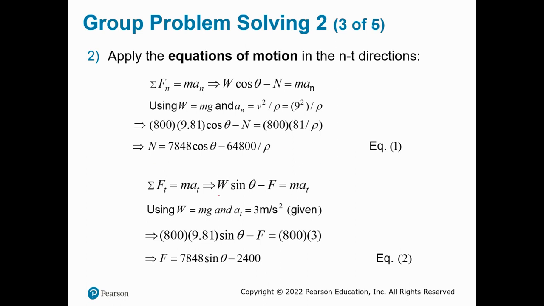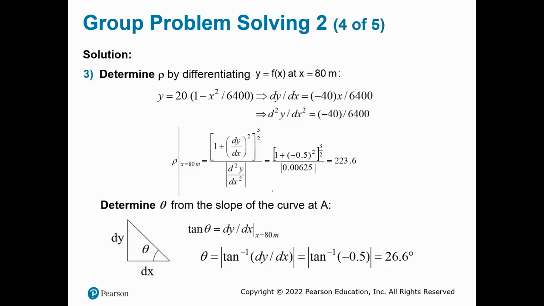Along the tangent direction, we have W sine theta minus F equals m a_t, using W equals mg and a_t equals 3 meters per second squared, which is given to us. We have a relationship between F and theta. Keep in mind that this F is the friction between the surface and the vehicle.